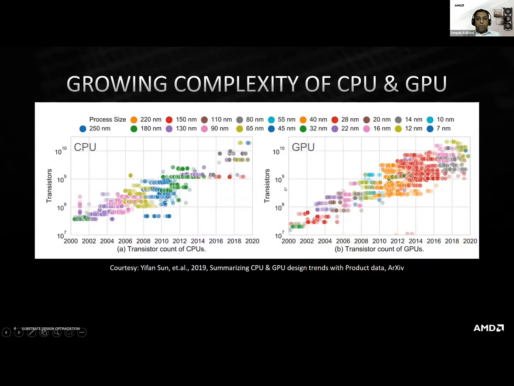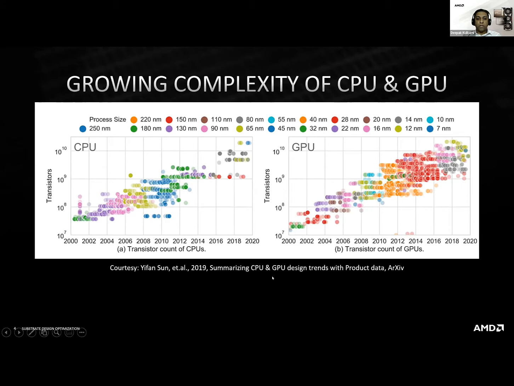To give you a little more background on what we are seeing as far as trends, this is some of the industry analysis that was done recently. What you see in the graphs above is that both in terms of CPU as well as GPU, we see significant growth in the number of transistors year over year.